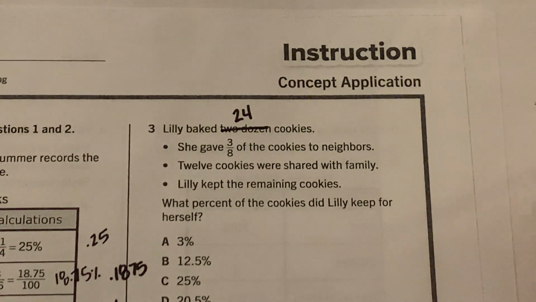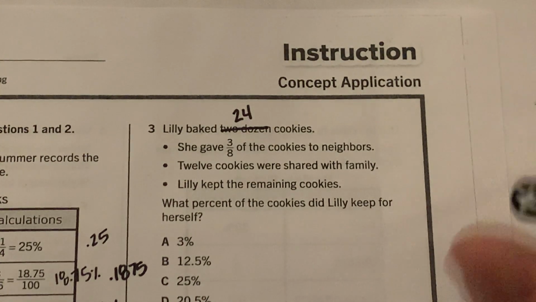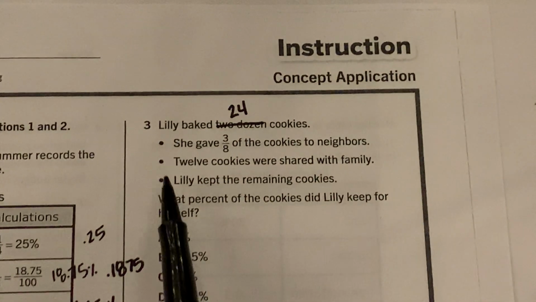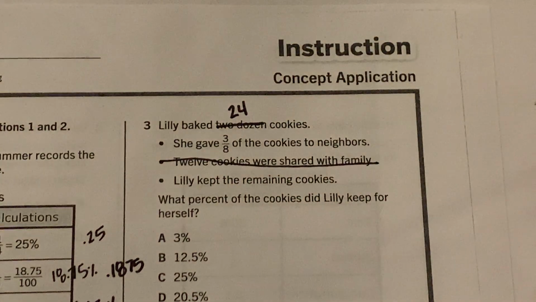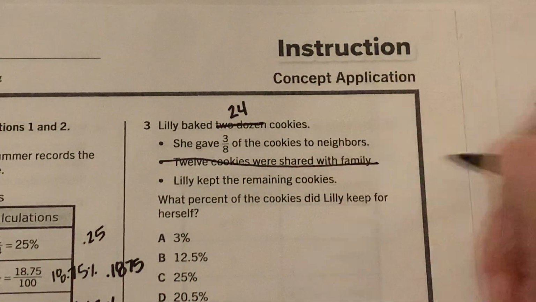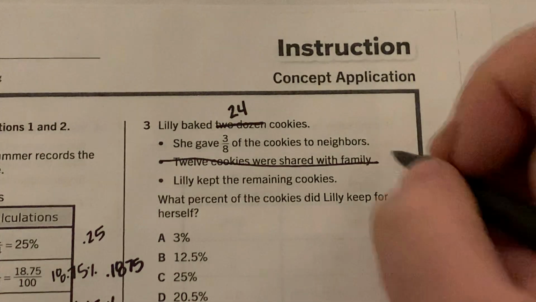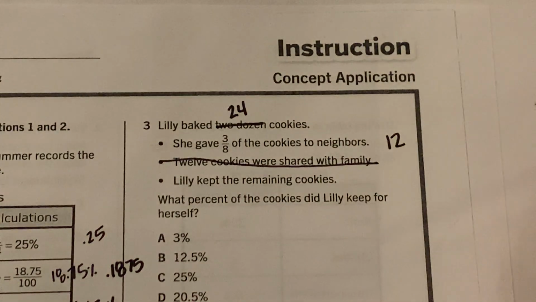Lily kept the remaining cookies. So, we know we can get rid of how many? Well, 12, because she gave those to family, right? That leaves us with how many? So we're down to 12.